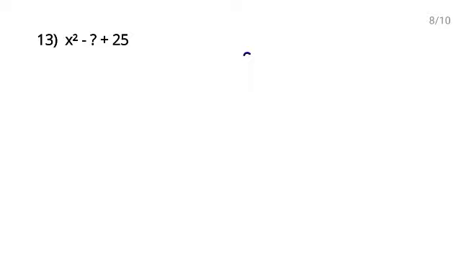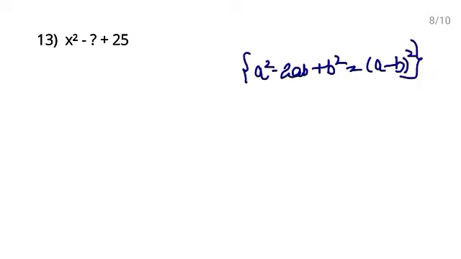Next, again use the identity of minus. A square minus 2ab plus b square is equal to a minus b whole square, right? Now a square is equal to x square, minus 25 can be written as 5 5s are 25, it means 5 square. So write here 5 square, right?